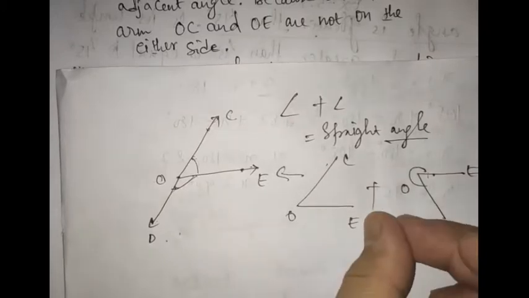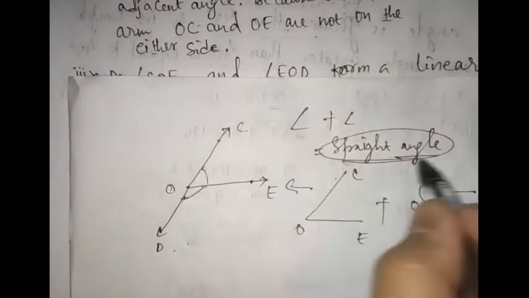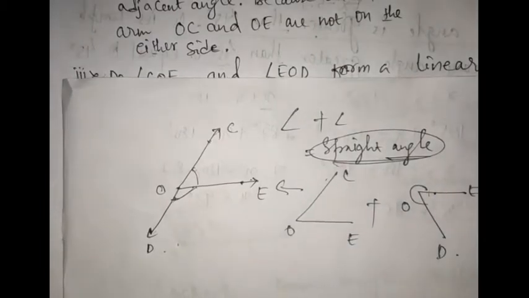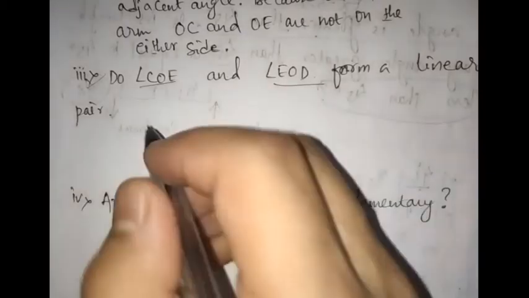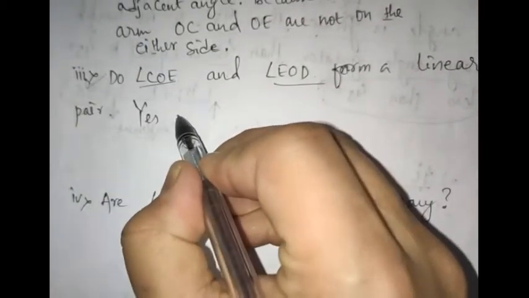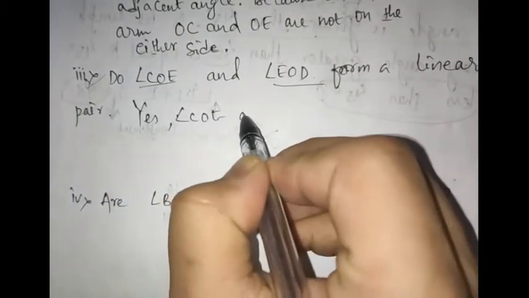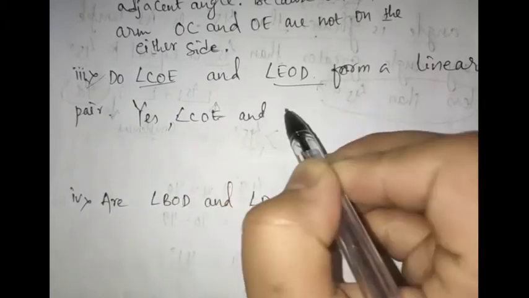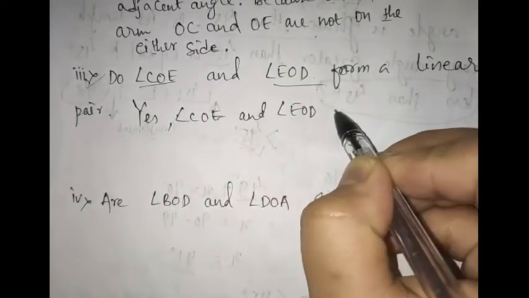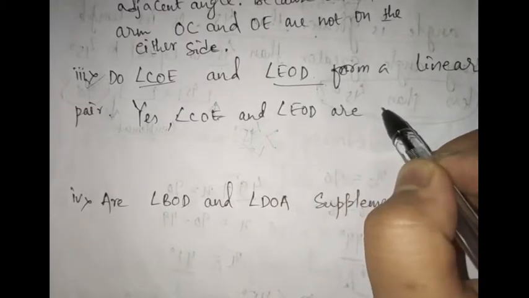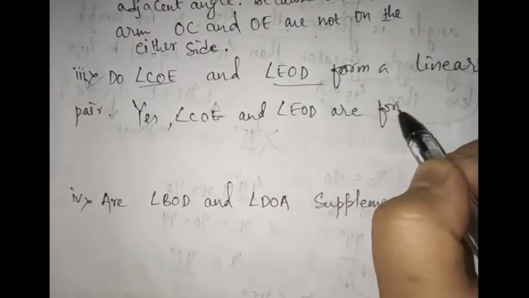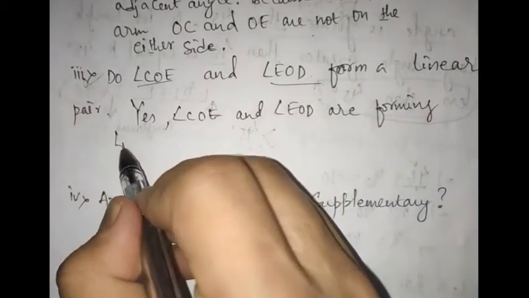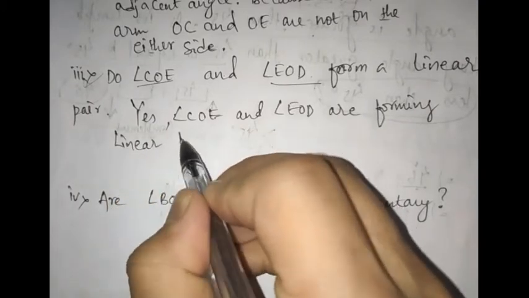If after the joining they are not showing us a straight line or straight angle, then we will not consider it as a linear pair. So we can say that yes, angle COE and angle EOD are forming a linear pair.